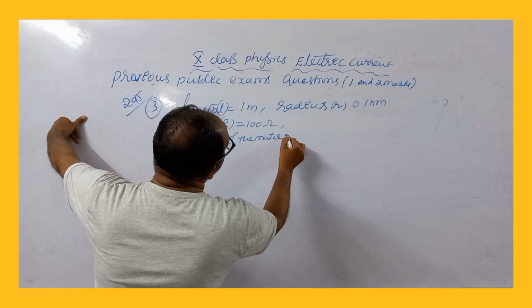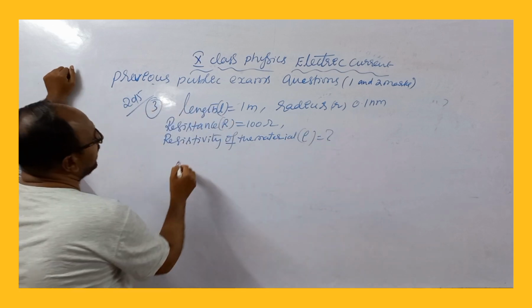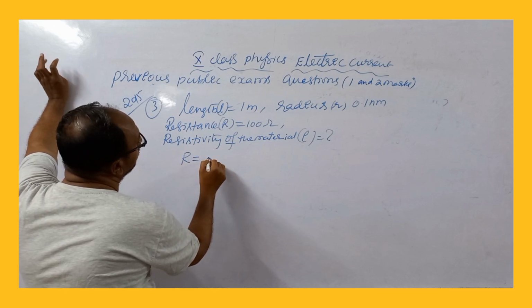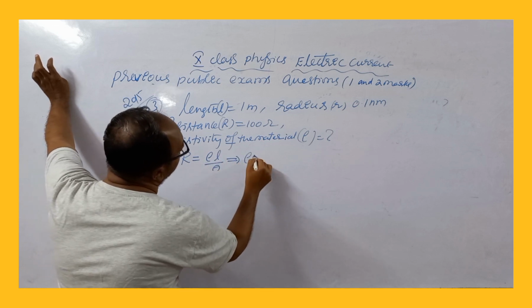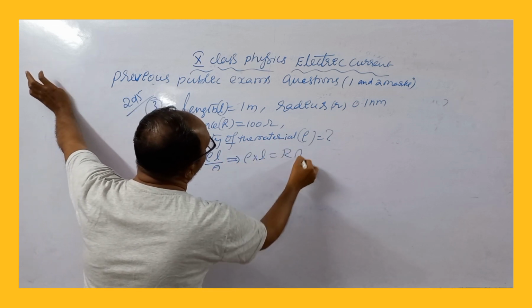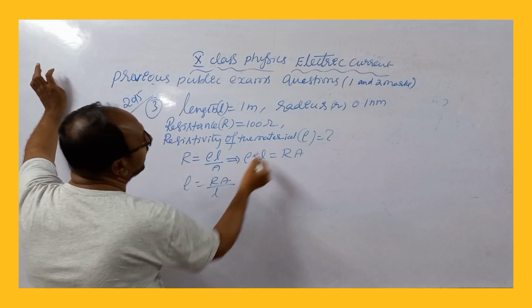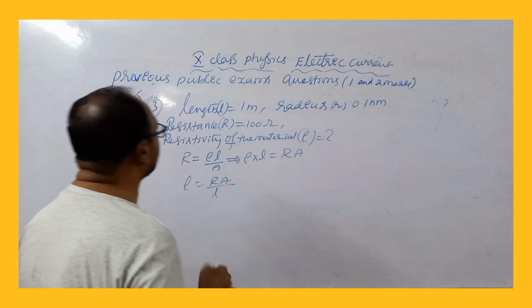So resistivity is denoted by the letter rho. So we have a formula R is equals to rho L by A. So from this rho into L is equals to RA, then rho is equals to RA by L. But R value is there, L value is there, but A value is not there. We want to find the cross sectional area.